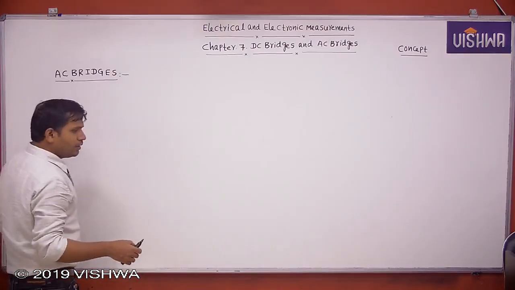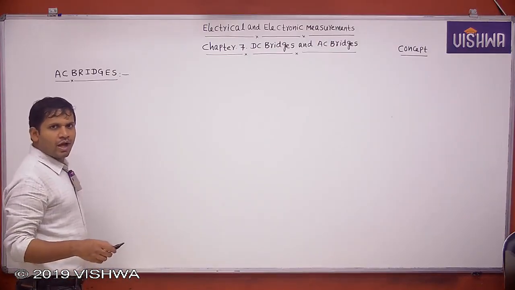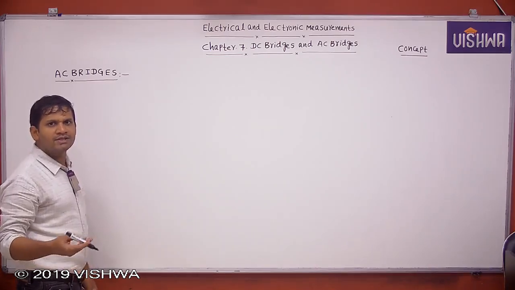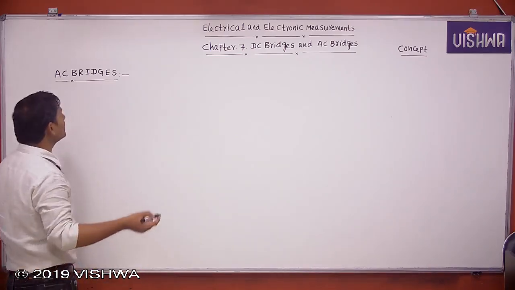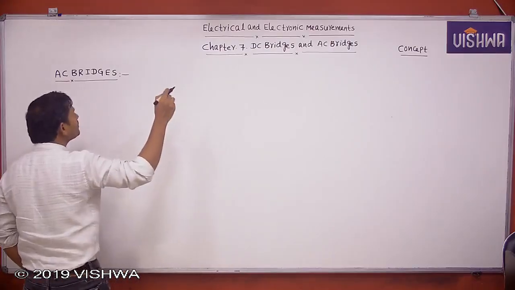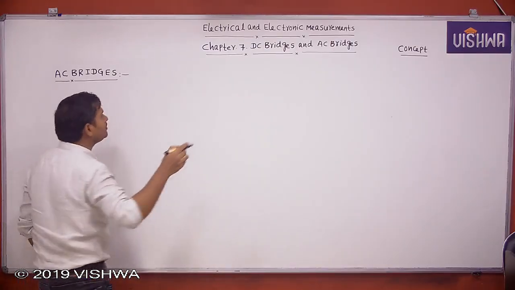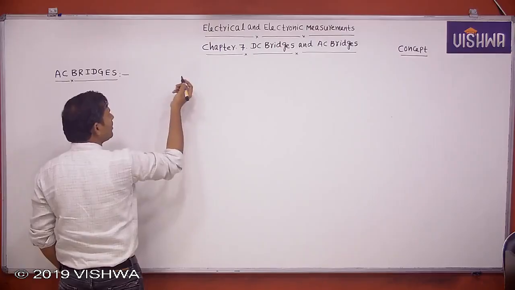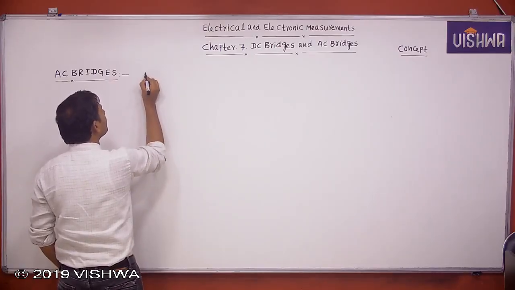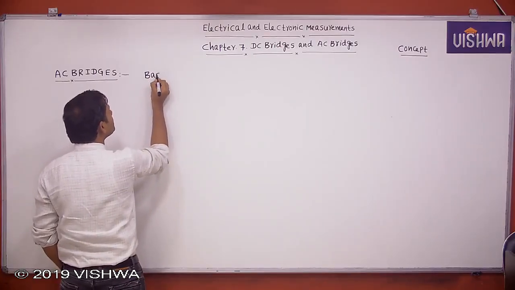Now the question is, for the operation of any AC bridge, what are the basic requirements? Concentrate on the basic requirements for operation of any AC bridge. This is some introduction.